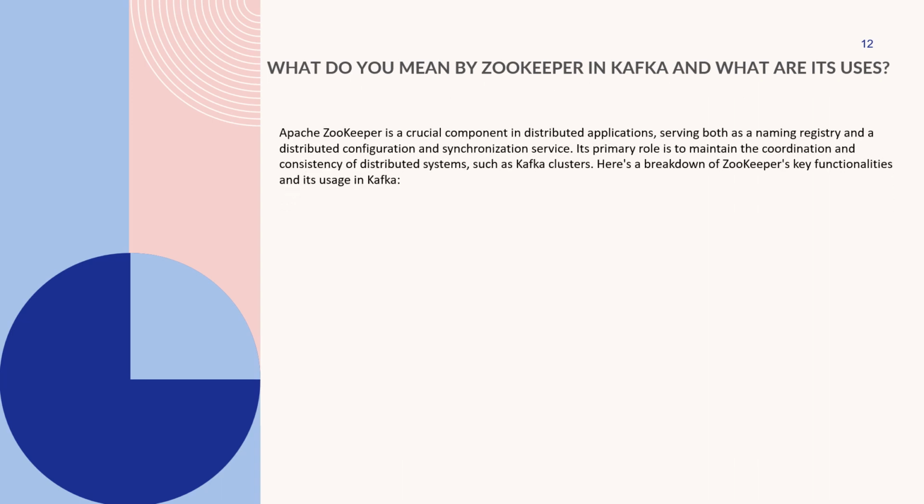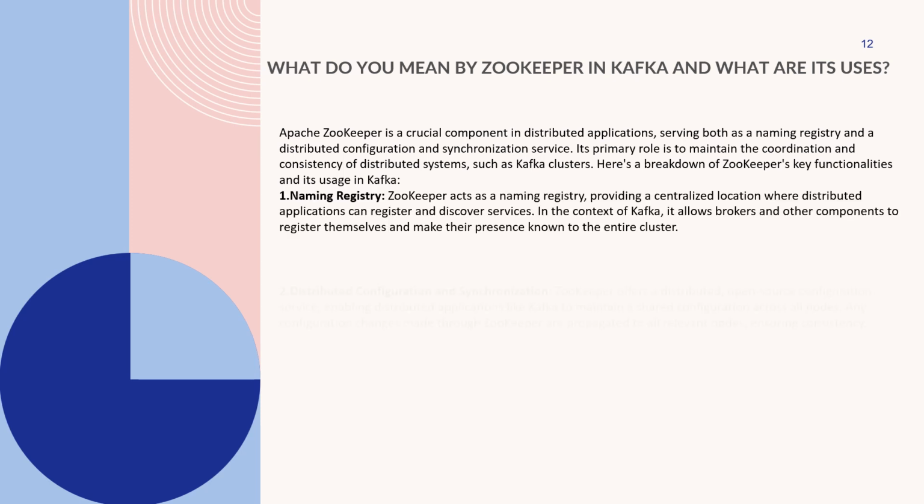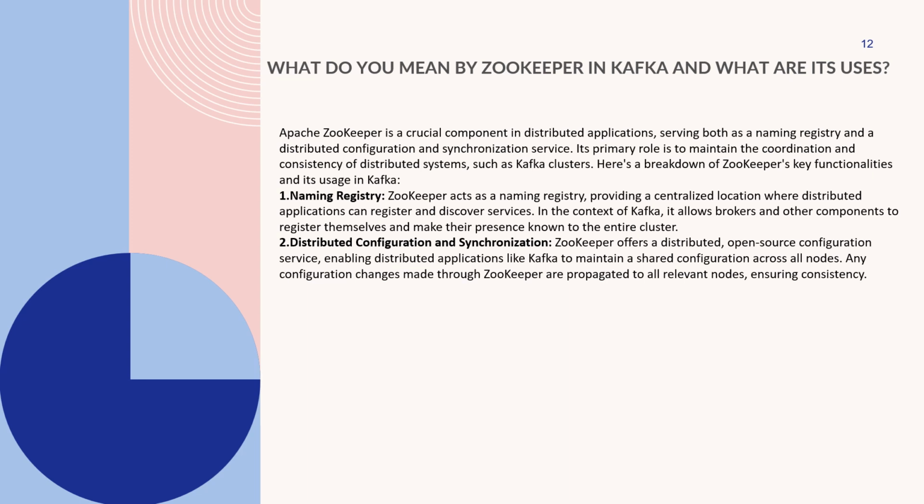Apache Zookeeper is a foundational component of distributed applications, serving both as a naming registry and a distributed configuration synchronization service. Its primary role is to maintain and coordinate the consistency of distributed systems such as a Kafka cluster. Here is a breakdown of Zookeeper's key functionality and its uses in Kafka. First is the naming registry.